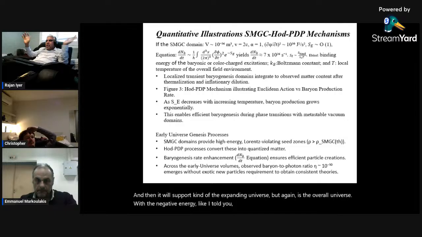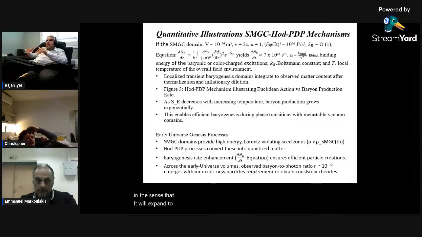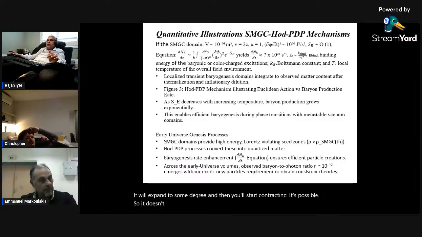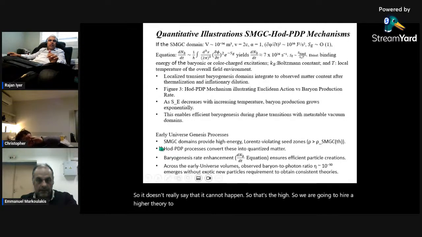The calculation shows it may be a cyclic universe in the sense that it will expand to some degree and then start contracting. It's possible. It doesn't really say that it cannot happen. So we are going to higher theory to some degree, higher hierarchical aspects.